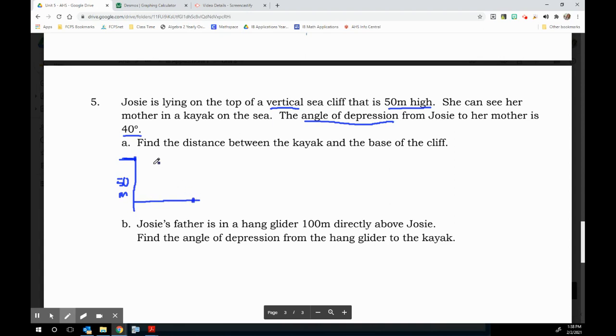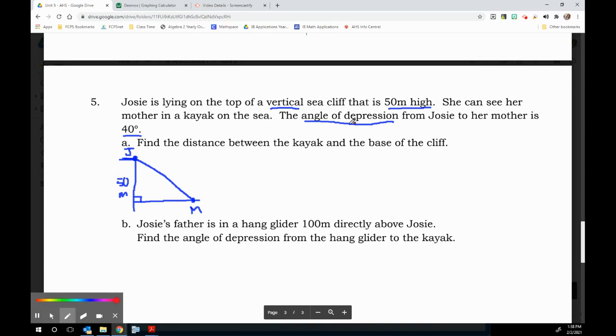So mom's over here. So let's label some things. This is Josie. This is mom. And Josie's looking at mom. We're going to assume for all intents and purposes that the cliff and the sea meet at a right angle.